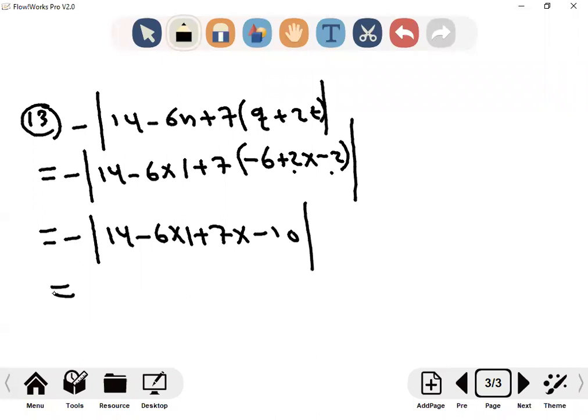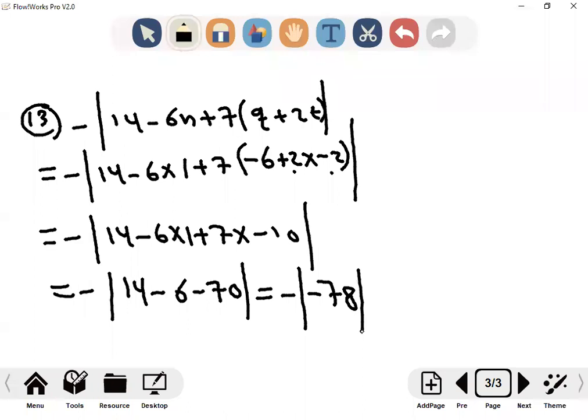This is equal to negative absolute value of 14 minus 6 by 1, 6, minus 70. Correct like this? Now 14 minus 6 is 8, 8 minus 70, minus the absolute value of 78? Right?